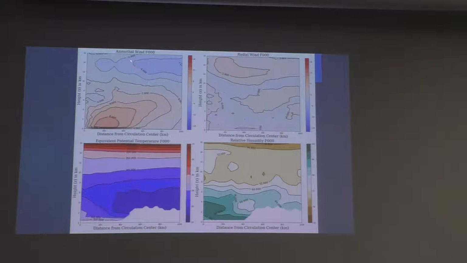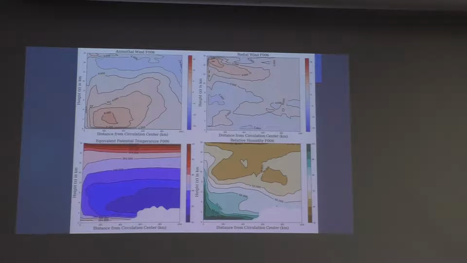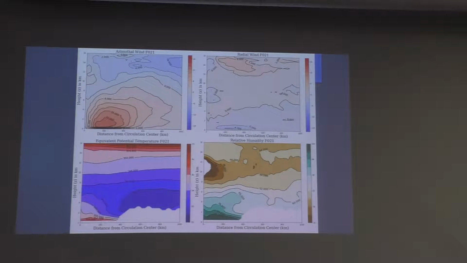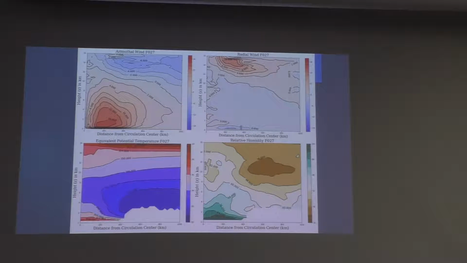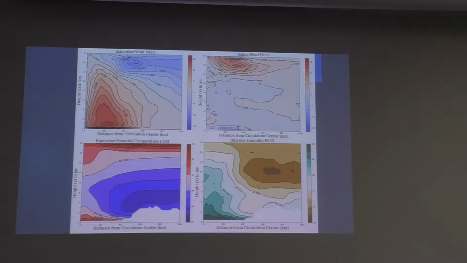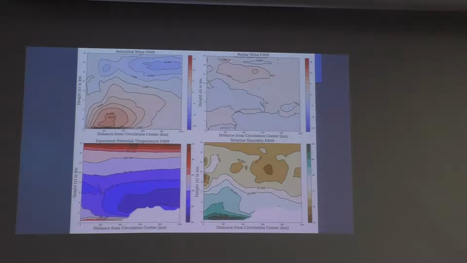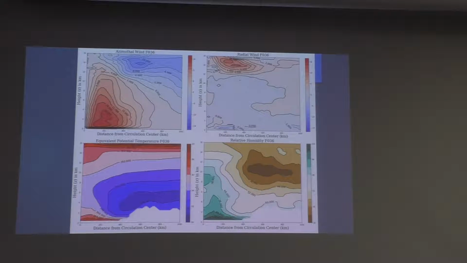The anticyclone is also intensifying. We also see a stronger secondary circulation, with stronger inflow and outflow from the TC. We also see a moistening of the center of the tropical cyclone, and generally the relative humidity, this is at the final forecast hour, it's becoming more moist in the inner core, at least, of the tropical cyclone. There still is some dry air outside of it.